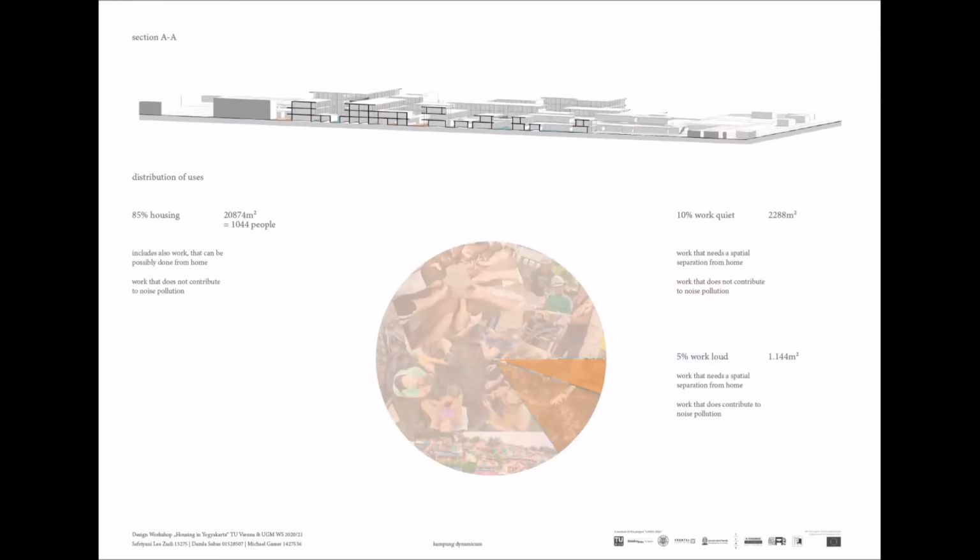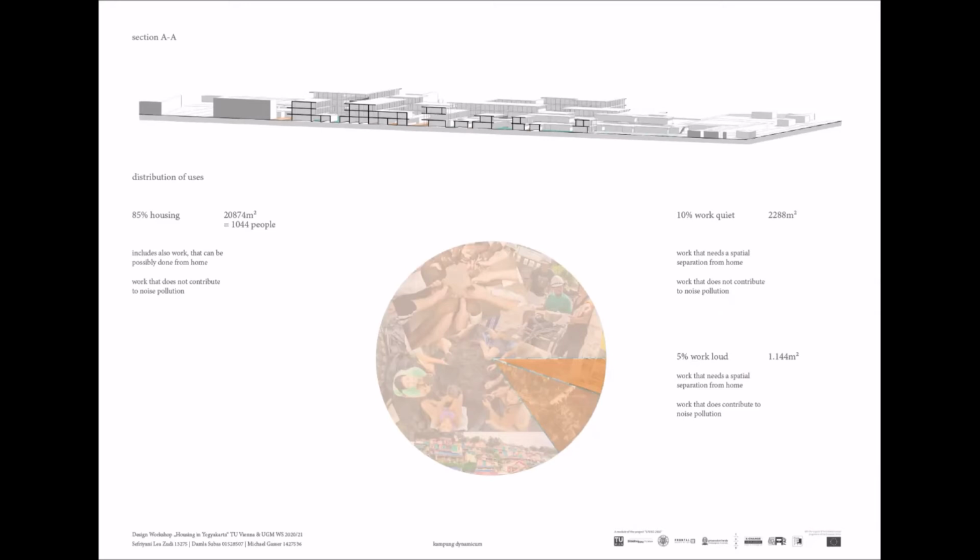So here we got our section, and also the distributions of use. And so we got 85% housing, but housing also includes work that can possibly be done at home, but does not contribute to noise pollution. And then we defined also work that needs a special separation from home, which does or does not contribute to noise pollution.